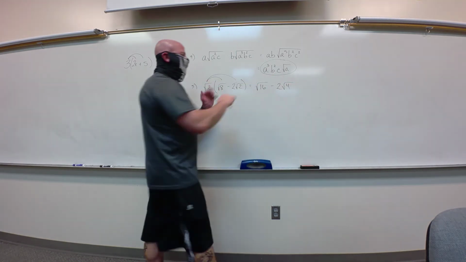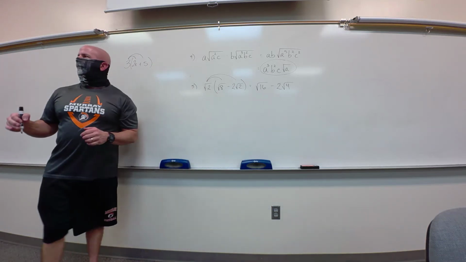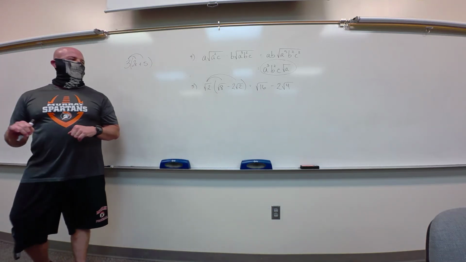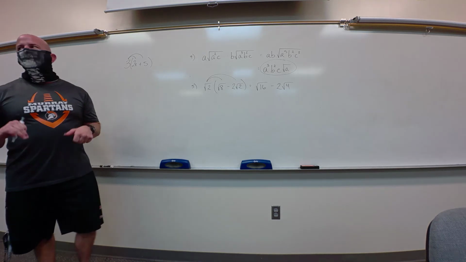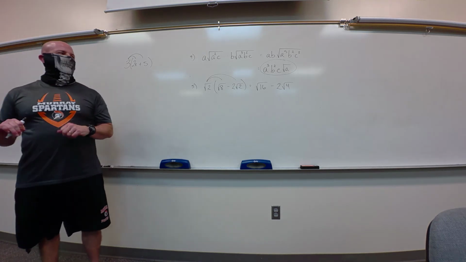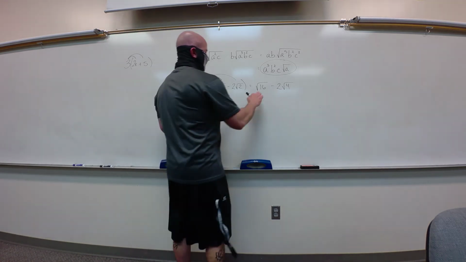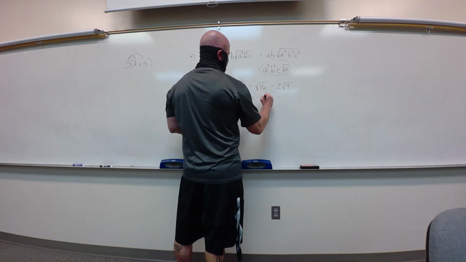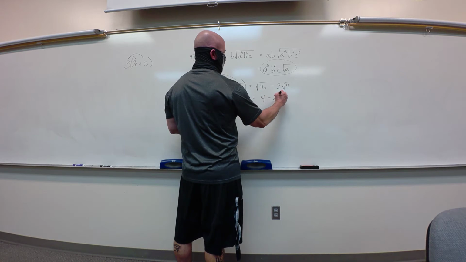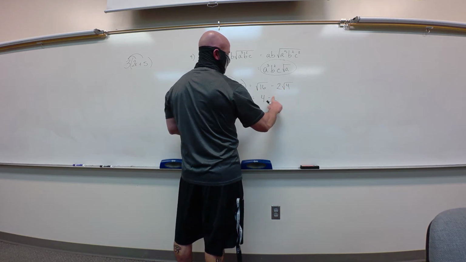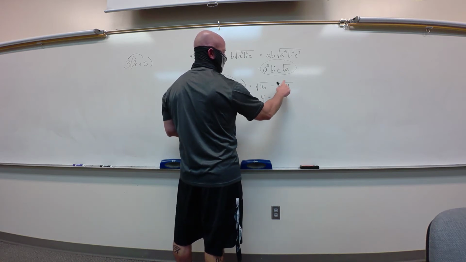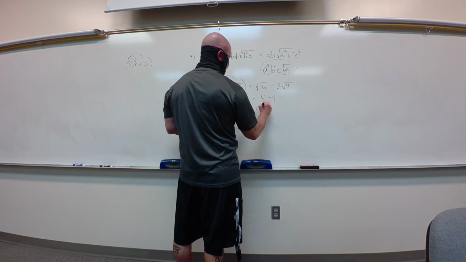Now I know I can simplify that, but that's my base raw form of the multiplication. Notice I stuck with inside, inside, outside, outside. Now I'll simplify. Root 16 is 4. And this would be 2 times 2, so that would be 4. So root 4 is 2, times 2 is 4. Answer, 0.